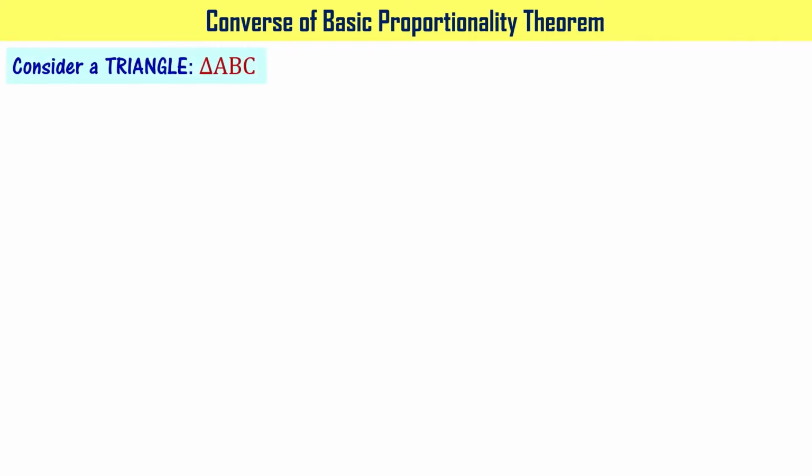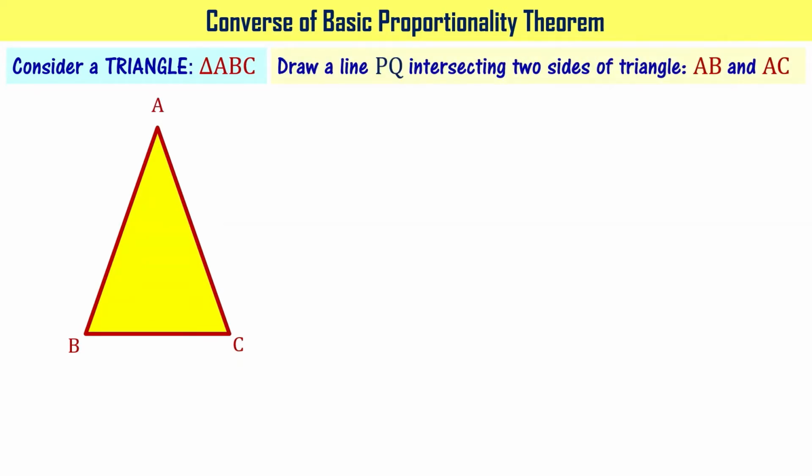Let us consider a triangle, triangle ABC as shown here, and draw line PQ intersecting two sides of the triangle as shown here. As you see, line PQ is dividing side AB and side AC of the triangle ABC, right?